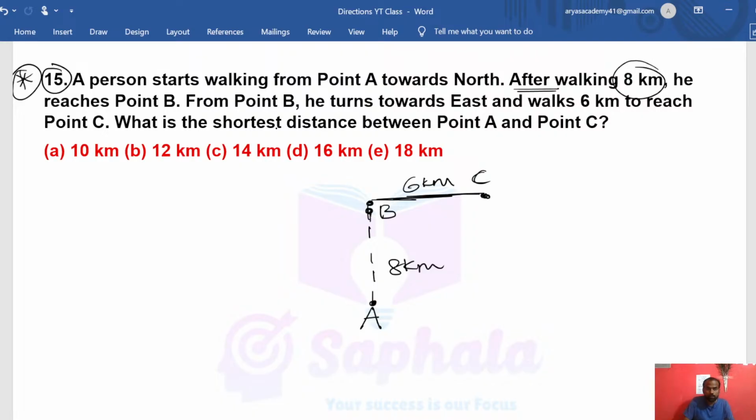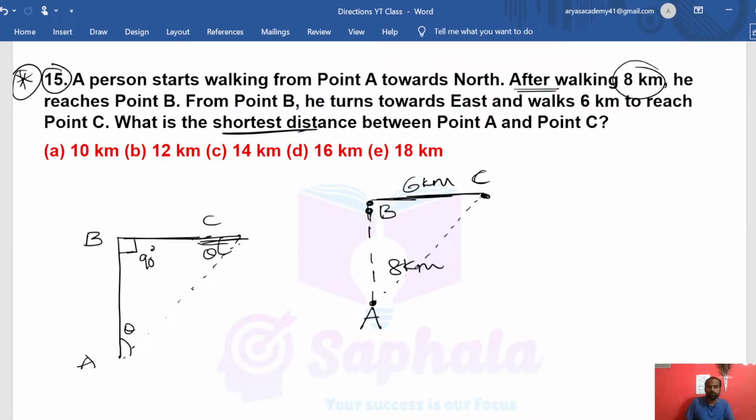They are asking you the shortest distance. If you look at the diagram, to avoid unnecessary confusion, I am writing it like this. The diagram is like this. So B, C and A. To calculate the shortest distance, you have to form a right angle triangle. This has 90 degrees, that is why we call it a right angle triangle.